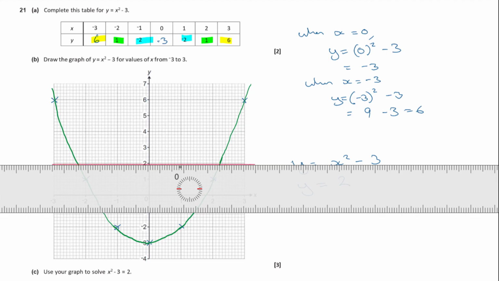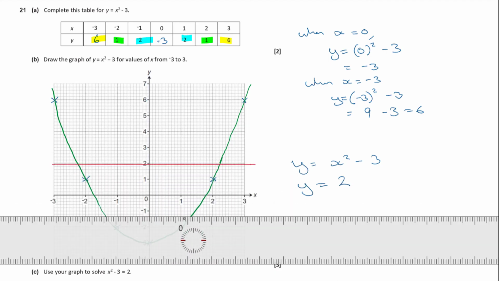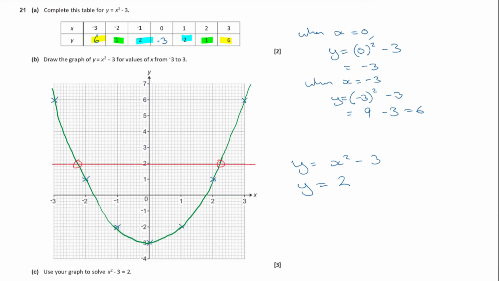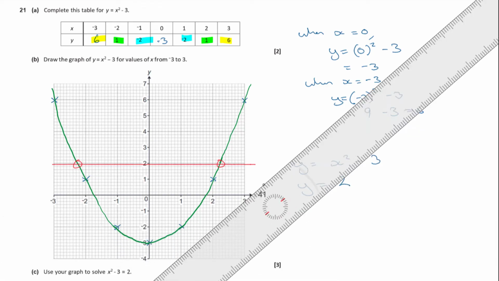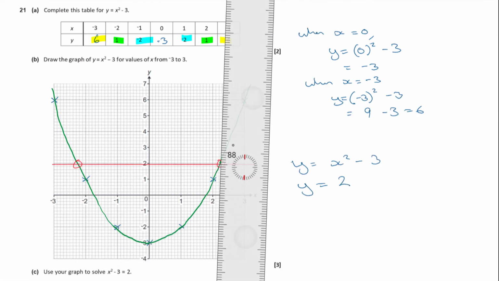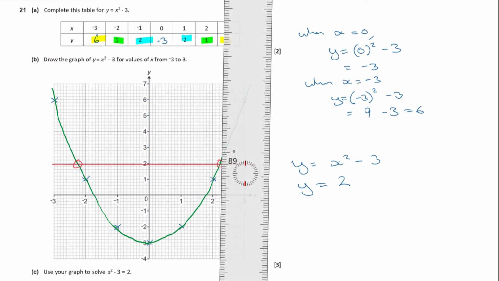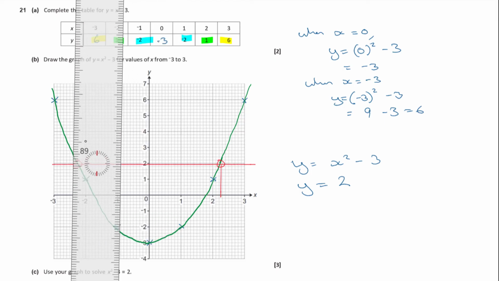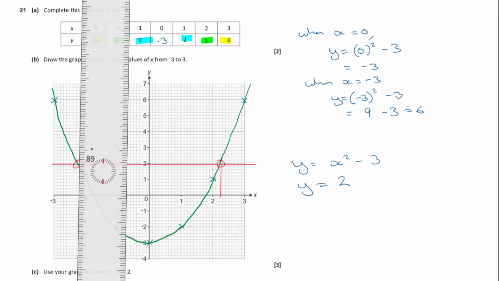So if I draw my line like this, you can see that they intersect here and here. Okay, so I just need to read those values off actually. Let me just get the ruler out. Just draw lines down to the axes maybe to make it nice and clear. So one of my solutions is going to be there, and one of my solutions is going to be there.